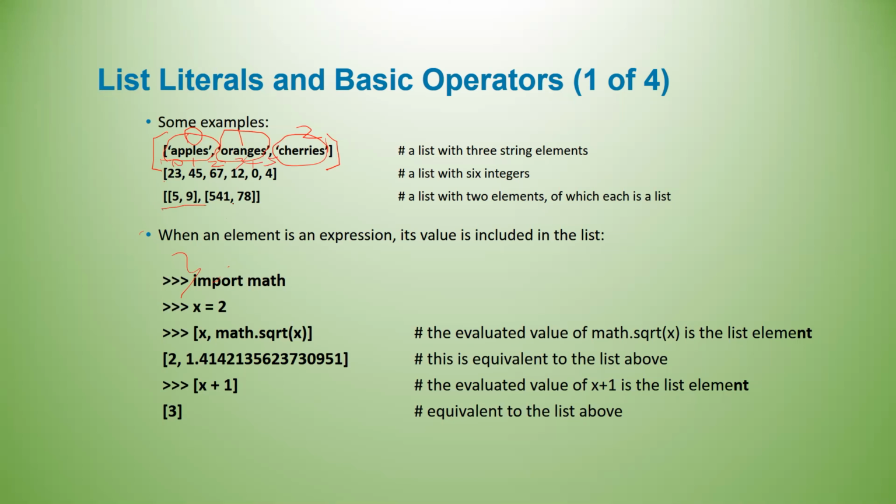And this is a list of lists, okay? It's a more complicated one, right? So each element is a list. The first element of this outer list is a list of 2 elements. The second element is a list of 2 elements, 2 integers.